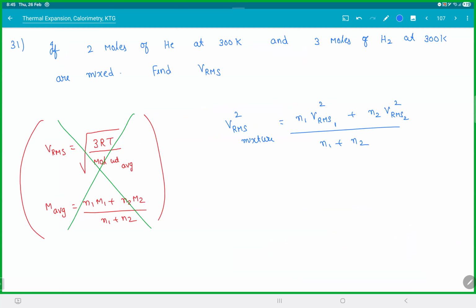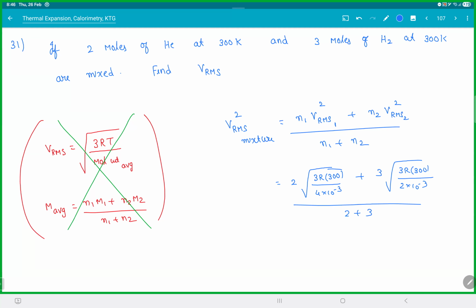Find the VRMS of helium separately, find the VRMS of hydrogen separately, and the number of moles are given, 2 and 3. Just substitute this in the formula and you'll get the answer. So this will be 2 into root over 3R 300 by molecular weight of helium, which is 4 into 10 power minus 3, plus 3 into root over 3R 300 by molecular weight of hydrogen, which is 2 into 10 power minus 3, by total number of moles, 2 plus 3.